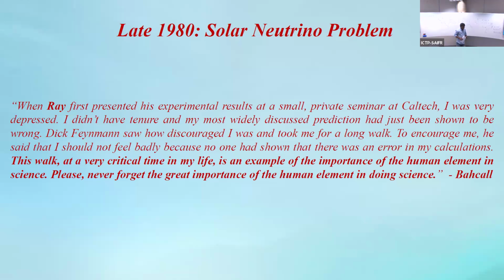One thing to mention here, which I find very interesting: when the solar neutrino problem arose, the community was divided into three categories. One group did not believe Ray because he's a chemist, he cannot do a physics experiment, or this experiment is crazy, you may be detecting something wrong, or the precision is not so high.